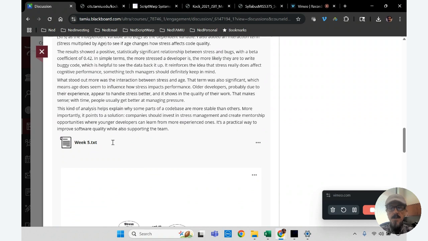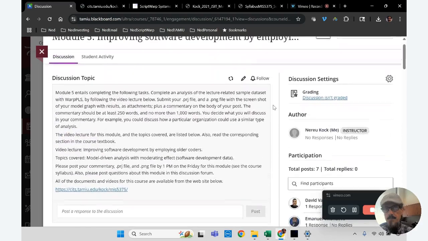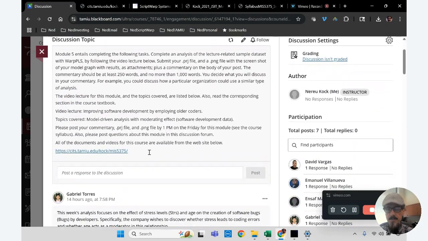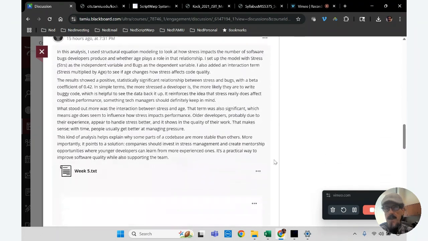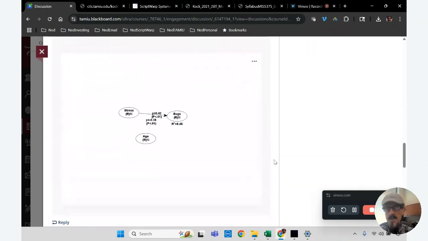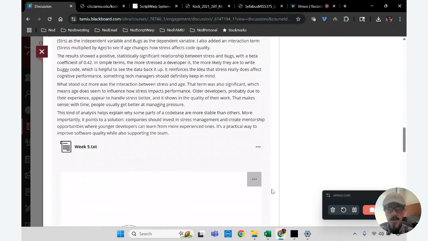This .txt is not what is being asked, so this would be an incorrect submission if maintained, and the person can always resubmit the correct file. It needs to be a .prj file, a .png file, and the commentary. Most people do it correctly, but this one here is not a correct submission.